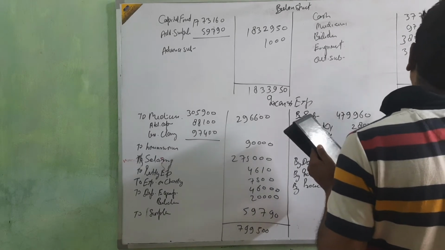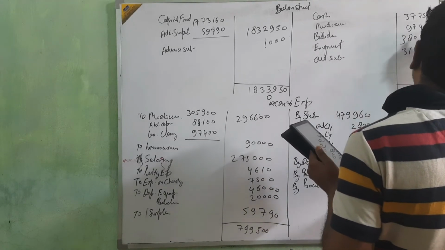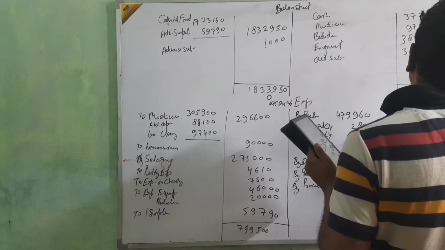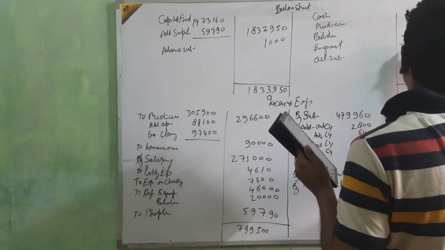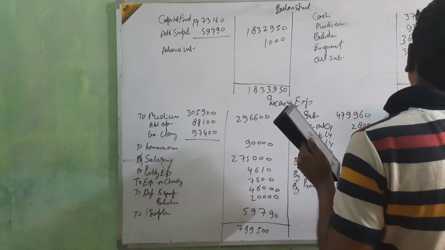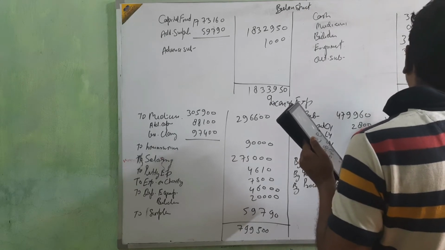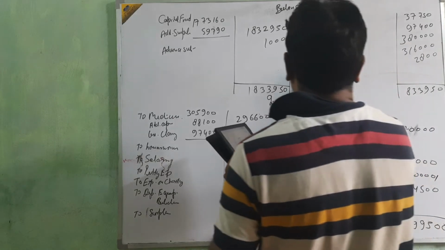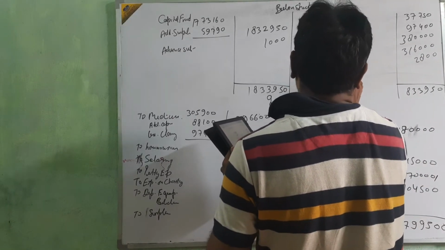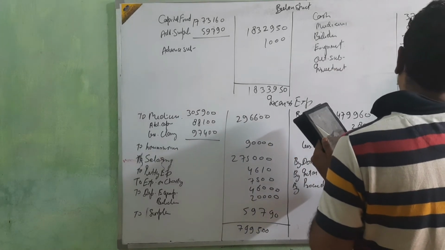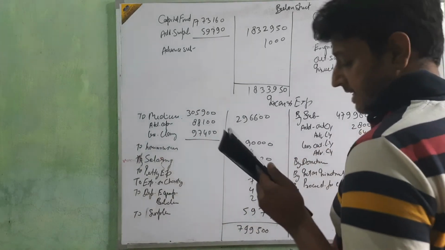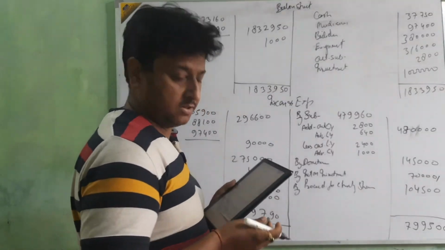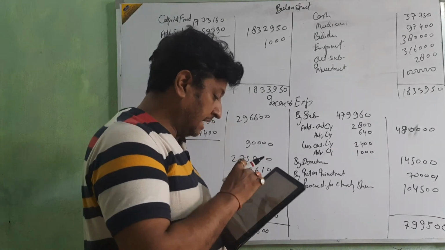And one investment, that value is, remember, 10 lakh. The total is 18,33,950. Okay, in this way we solve the question.